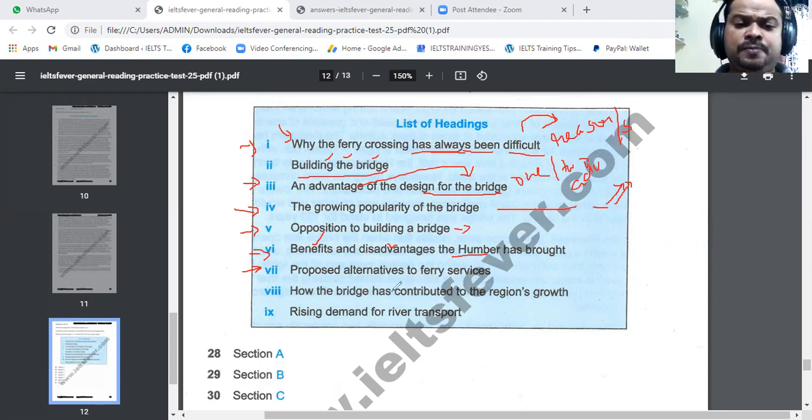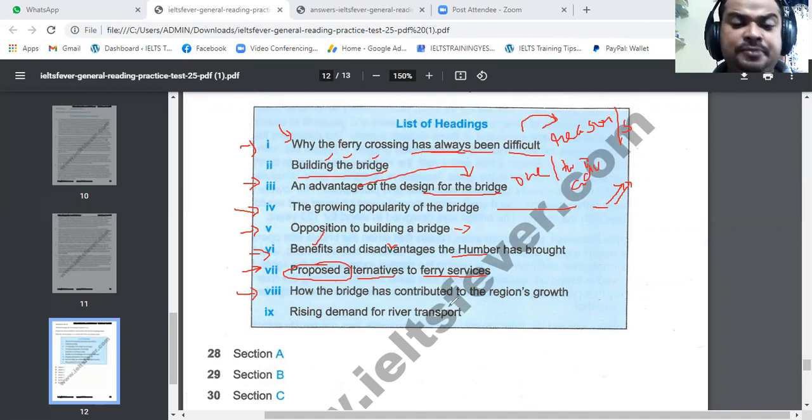Okay, so I can say ferry services, a system, a services of ferry. If you have alternatives proposed, it means it is not actually done. It is proposed, then it is dealing with this thing.